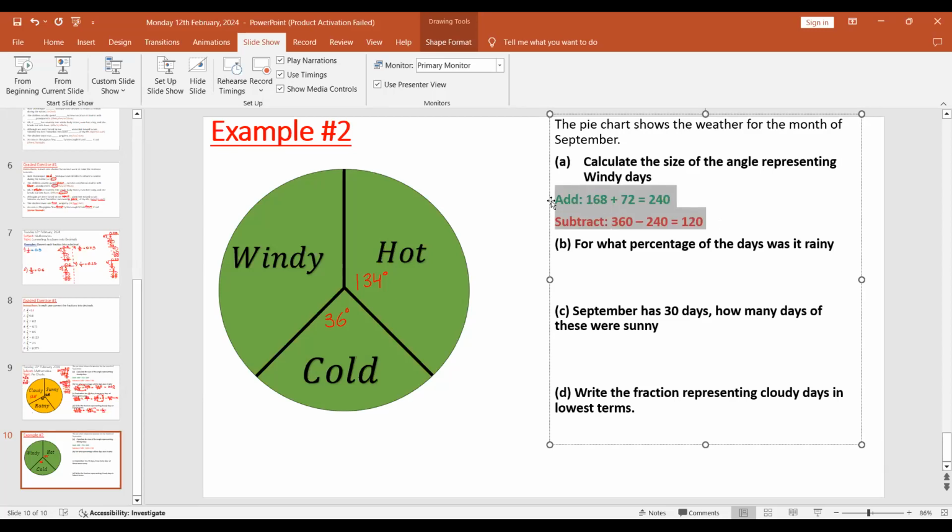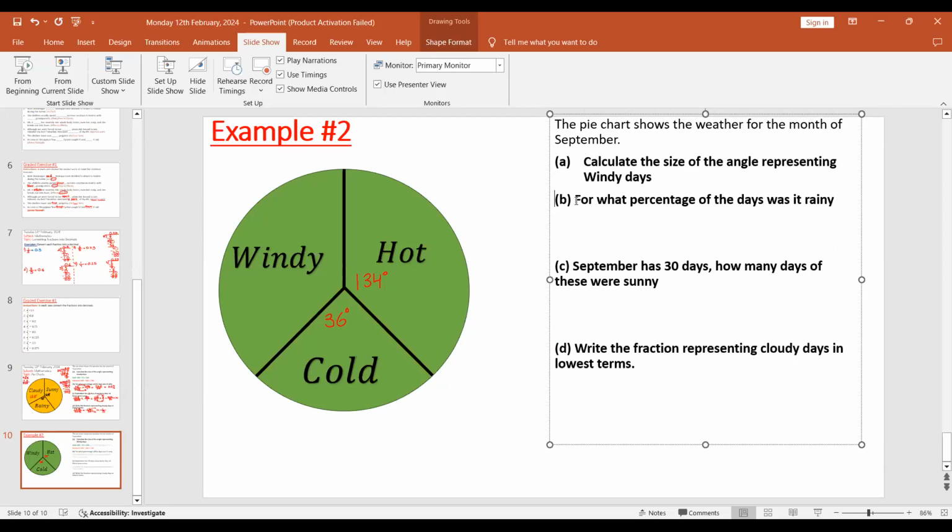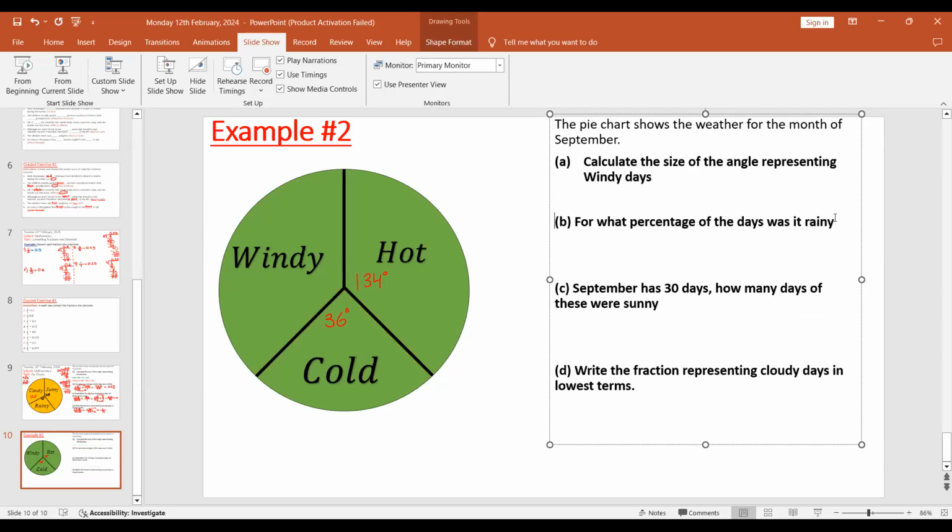And it says, for what percentage of the days was it cold? And then, September 30th, how many days were hot days? Hot days. Write a fraction representing windy days in lowest terms.